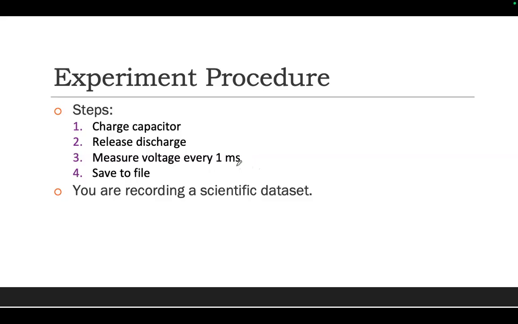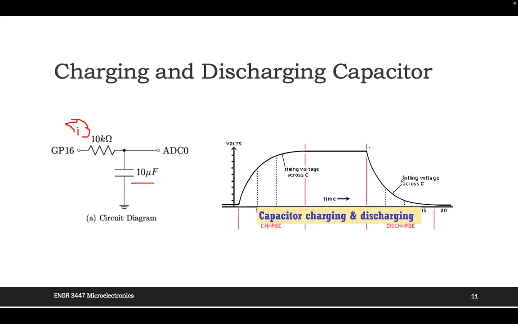Yeah, that's true. Actually, you want to read the voltage from this process. If you read it too slowly, like 1 second, maybe you just get those 3 voltages. It will not represent the whole process.